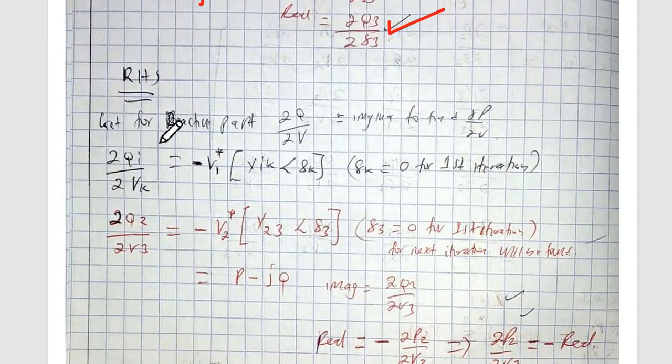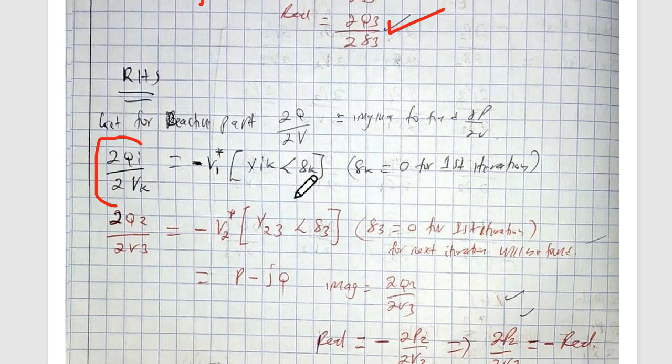So to begin with, if you want partial qi over partial vk, generally it is negative of vi conjugate into yik angle del k. You can see we only have one voltage here, which is vi, and we don't have vk here.